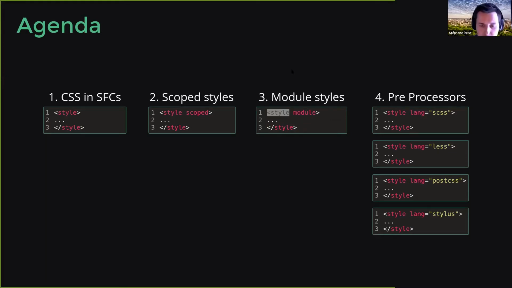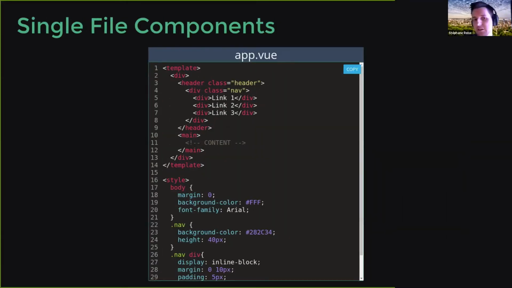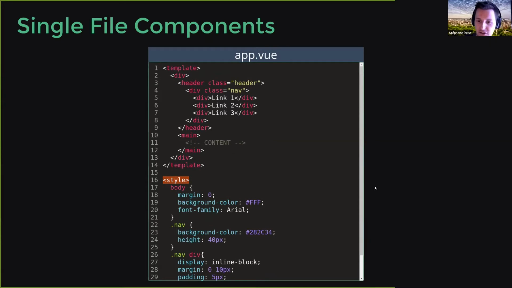Single file components. Okay, cool. So basically in Vue.js, a single file component is a file where the extension is .vue, like you can see App.vue. This is a single file component. In that file, you have everything to build your component: the template, which represents the DOM of your component, the HTML of the component, the style tag to have your CSS, and also the script tag, which I don't have here because it's not needed for the exercise.